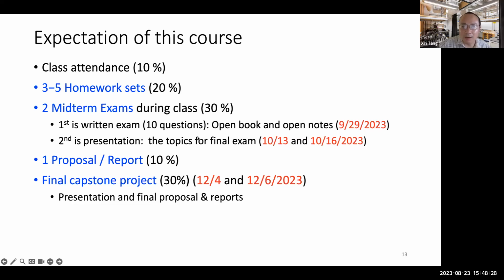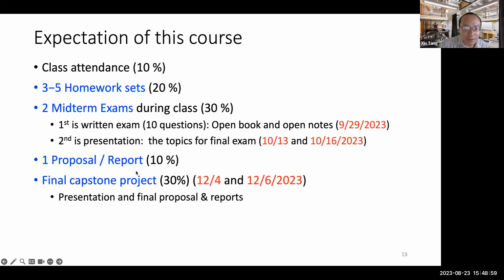Then it will gradually become much richer, and it will be your final presentation. So this is our final presentation in December. The final presentation is developed based on the second exam, but it will contain your own efforts, either some theoretical derivation or some modeling to tackle this topic.